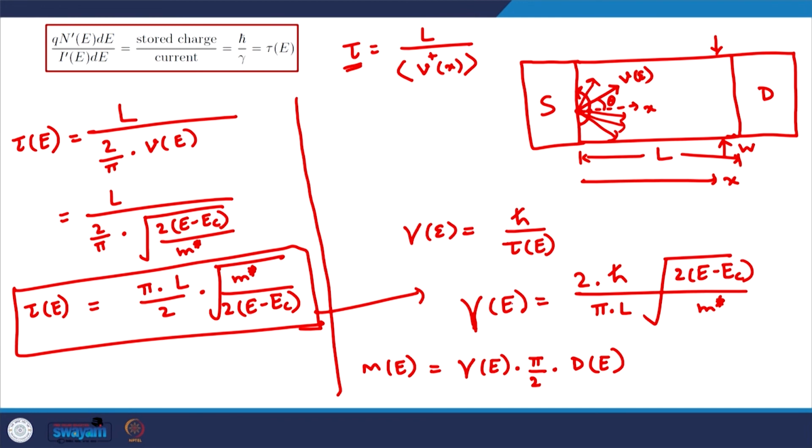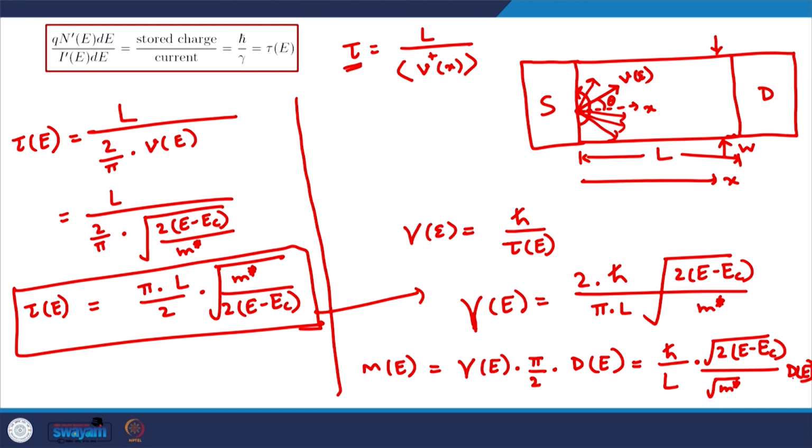So, if we put this value of gamma E here, this pi by 2 will cancel with 2 by pi, and it will just be h bar by L times square root of 2 E minus E c divided by square root of m star times d E.